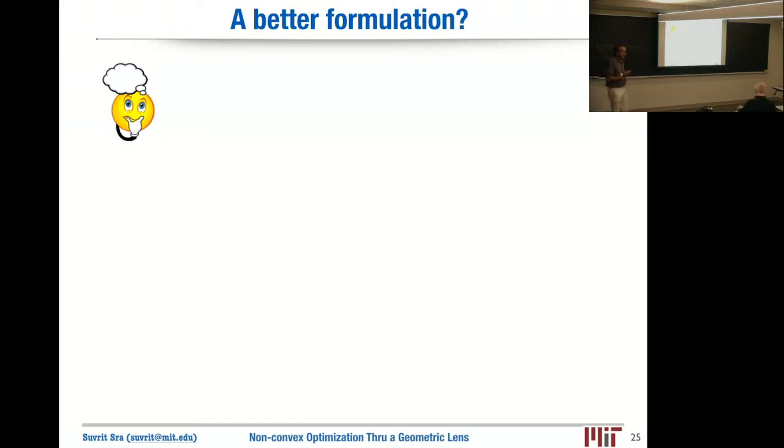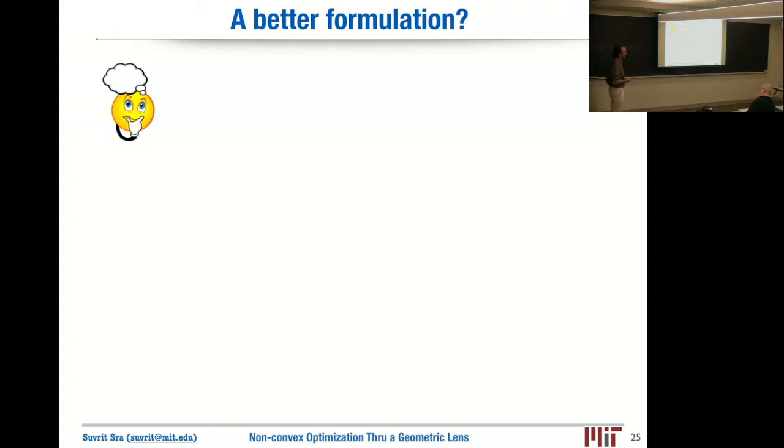So this is the Euclidean convex problem, but even the single component problem, which actually has a closed form solution by the way, is not geodesically convex.